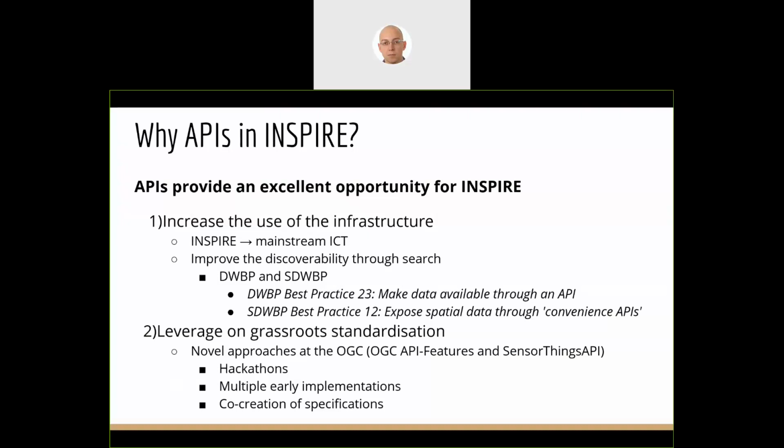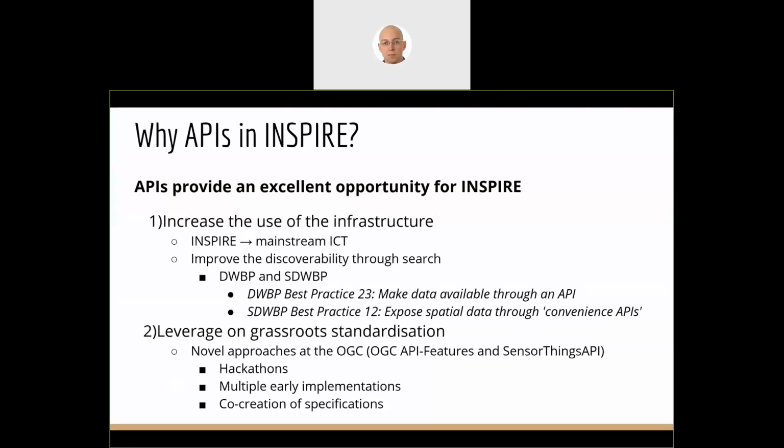We have seen very nice, novel, positive approaches in standardization bodies, the OGC in particular, and I think the two standards that we're discussing today, the OGC API Features and the SensorThings API, are excellent examples in this sense, because of the way in which standardization works now, which we welcome very much and try to support through the hackathons, through accommodating the user needs early on.